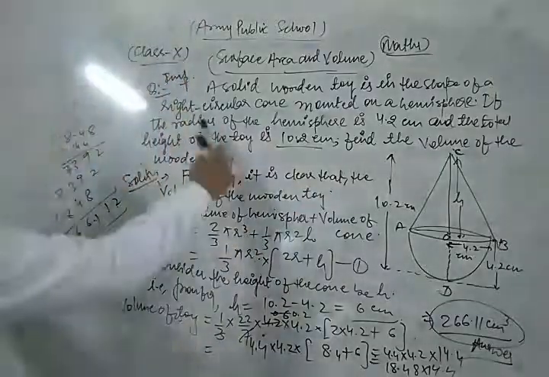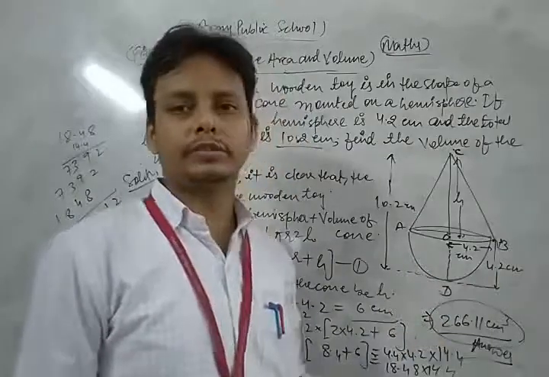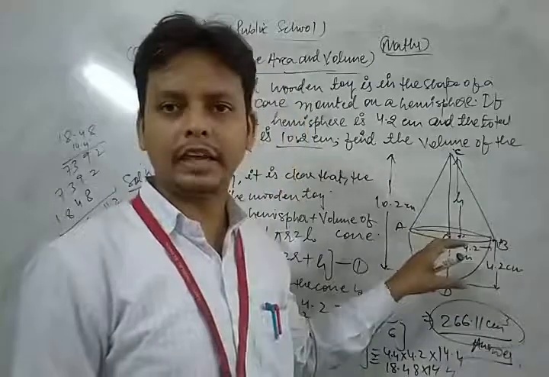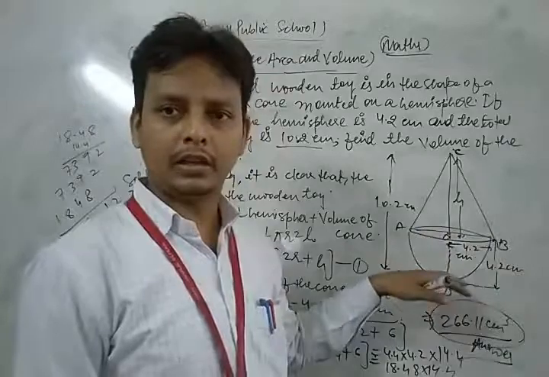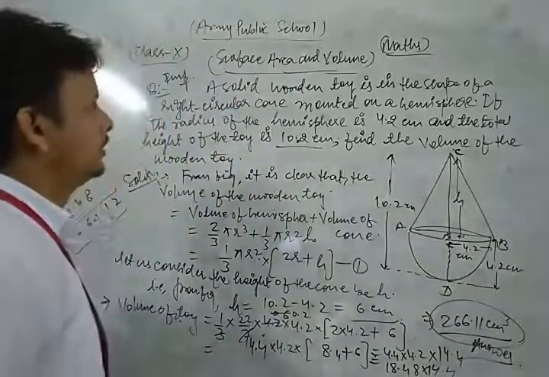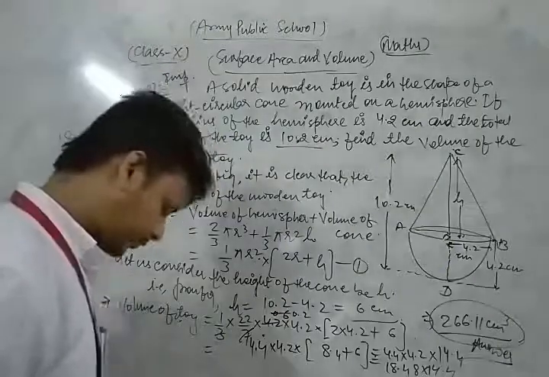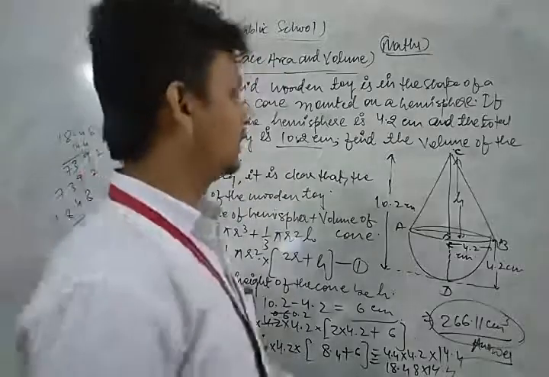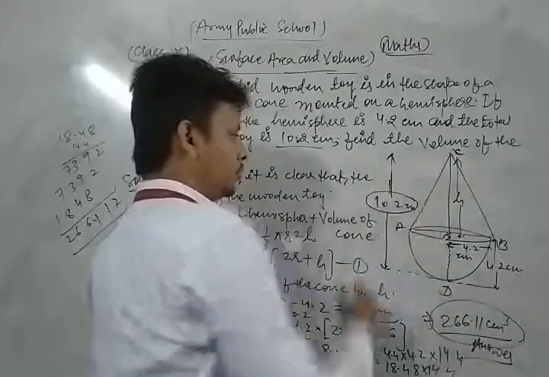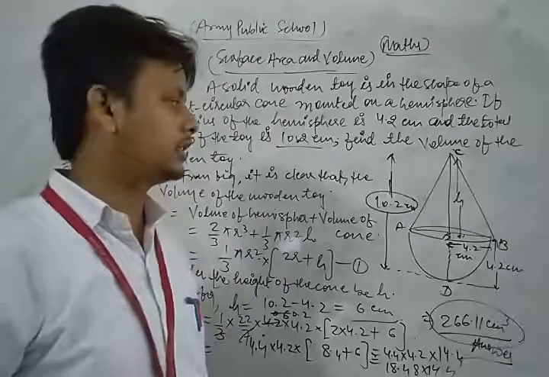If the radius of the hemisphere is 4.2, therefore according to the concept of hemisphere, the radius is the same as the height of the hemisphere from the surface to its top, which is 4.2, and the total height of the toy is 10.2 centimeter.